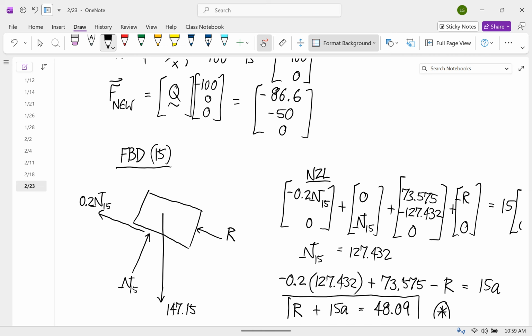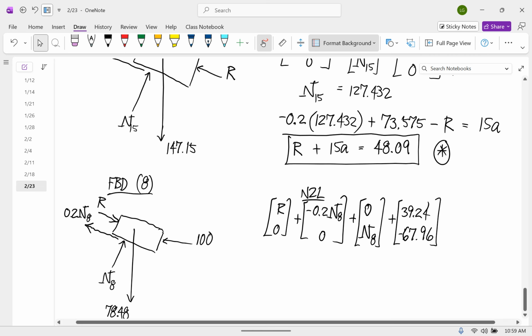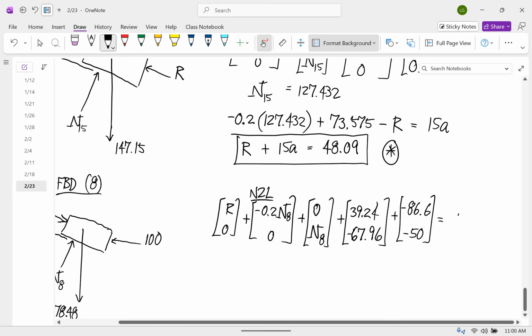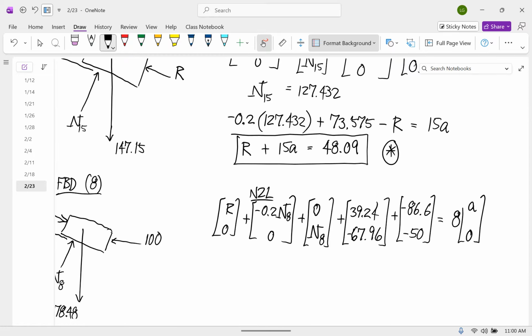This should be negative 86.6. So negative 86.6 and negative 50. And all that is equal to the mass times the acceleration vector, which is the same as the first one.